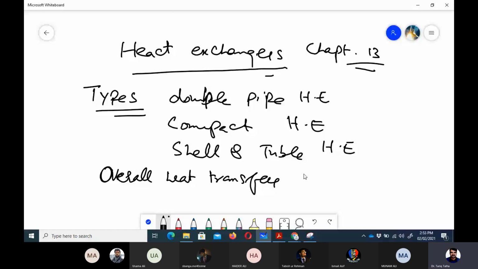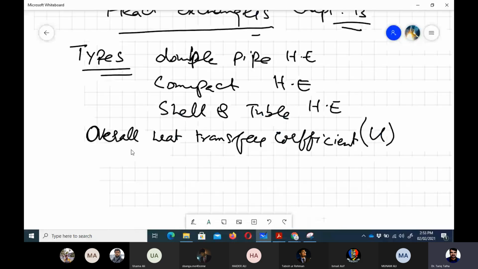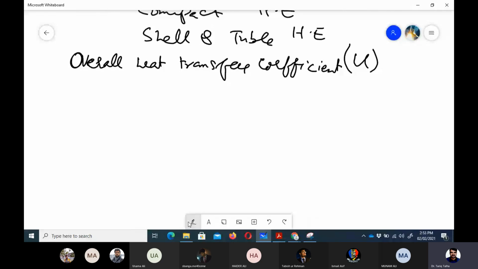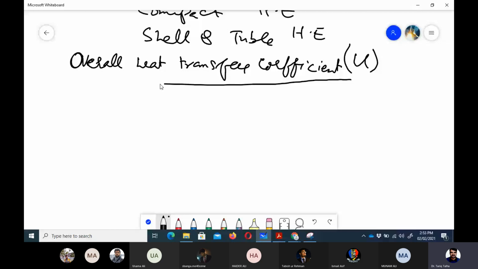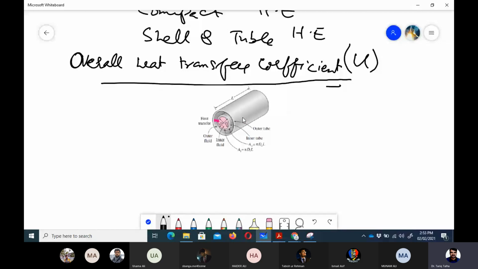And then afterwards we discussed overall heat transfer coefficient. And if you remember, we represent it with U, and for the case of heat exchanger, if we talk about the overall heat transfer coefficient, let me first show you the figure.